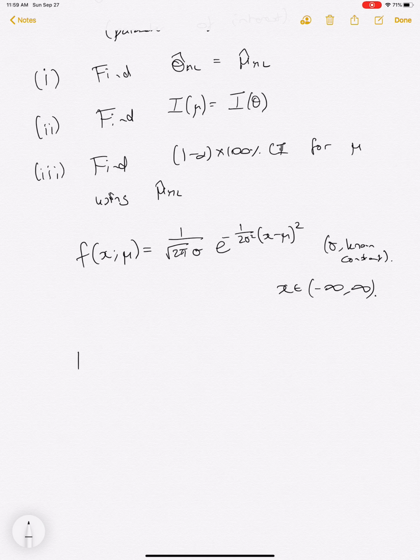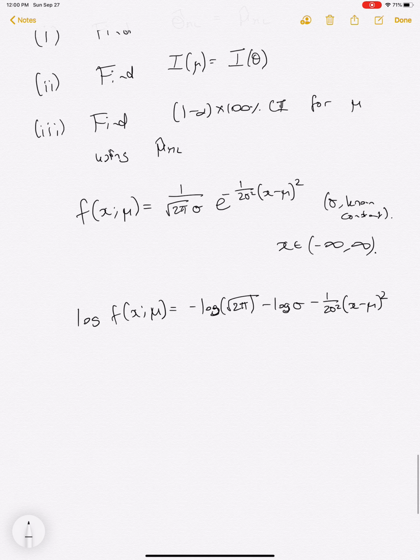And so if we take logs like we have before, then we end up with, okay, this is what we get when we take logs of everything.